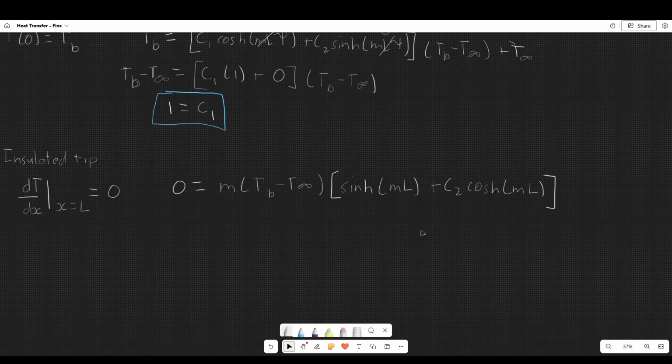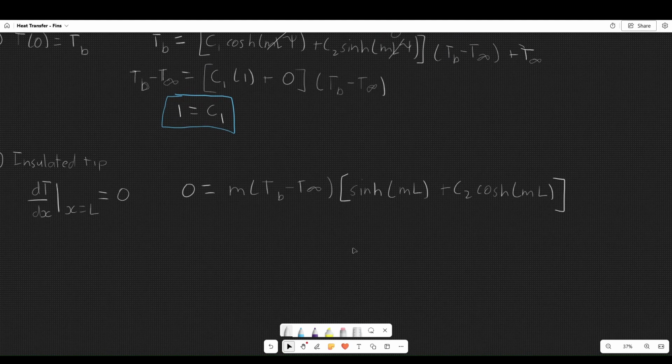Okay, perfect. Then I can divide both sides by m, all these constants, so you have to recognize that constant. So this basically comes down to 0 equals sinh(mL) plus C2 cosh(mL).